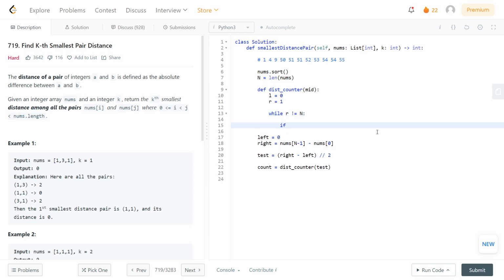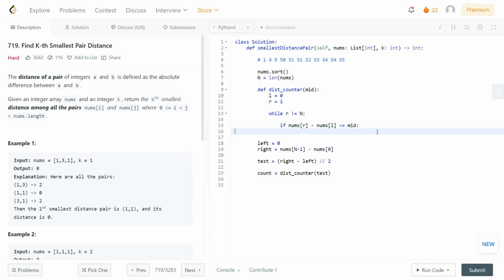So if nums of right minus nums of left is less than or equal to mid, what do we do?